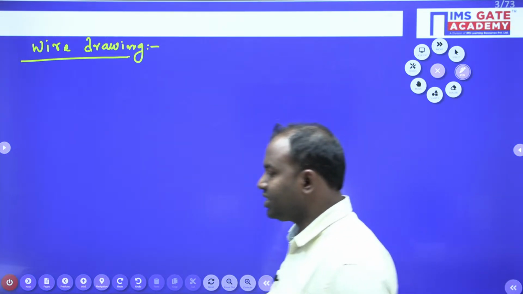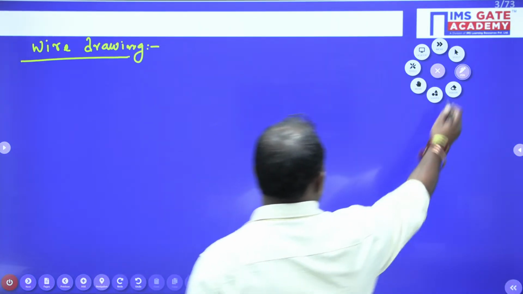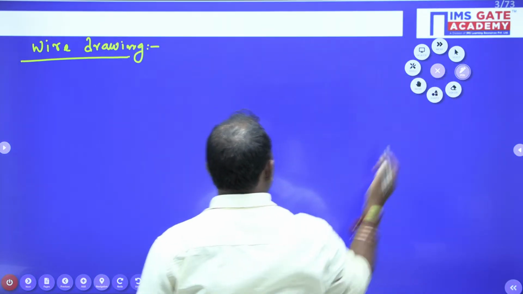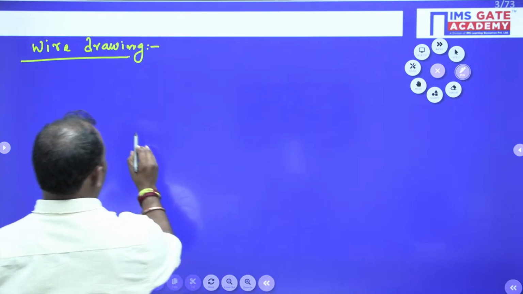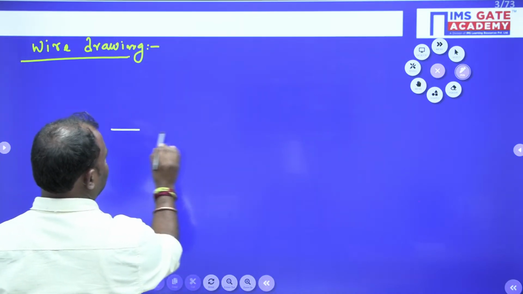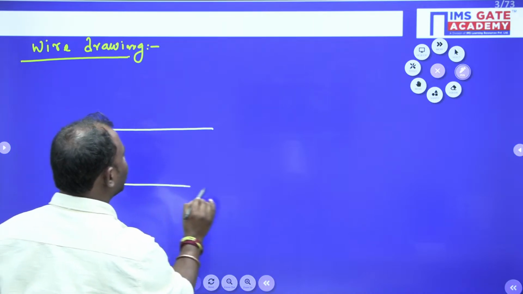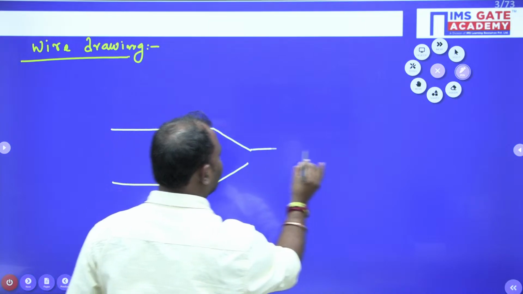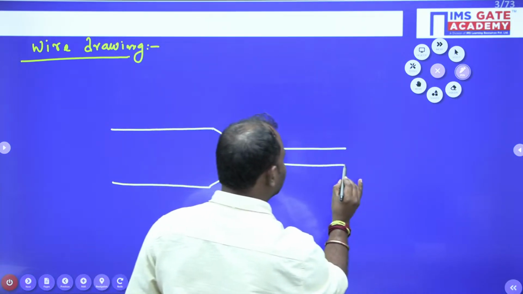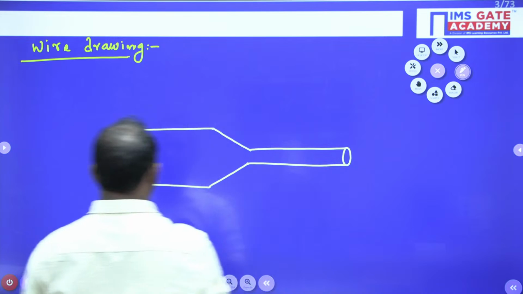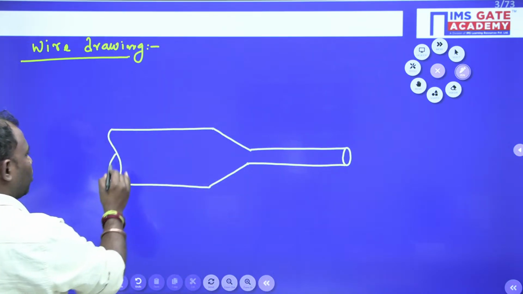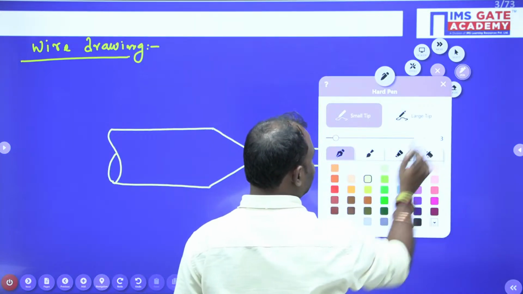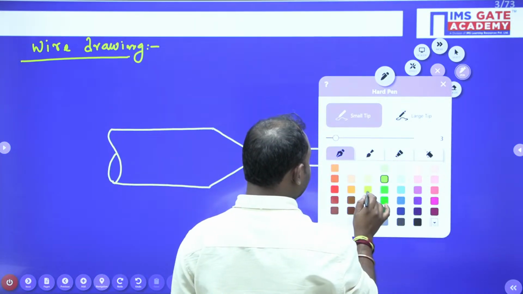So now let us understand what a wire drawing operation is and how it looks. Here in wire drawing operation, a solid rod is drawn through stationary dies such that the rod is converted into wire. So a series of dies we use here.